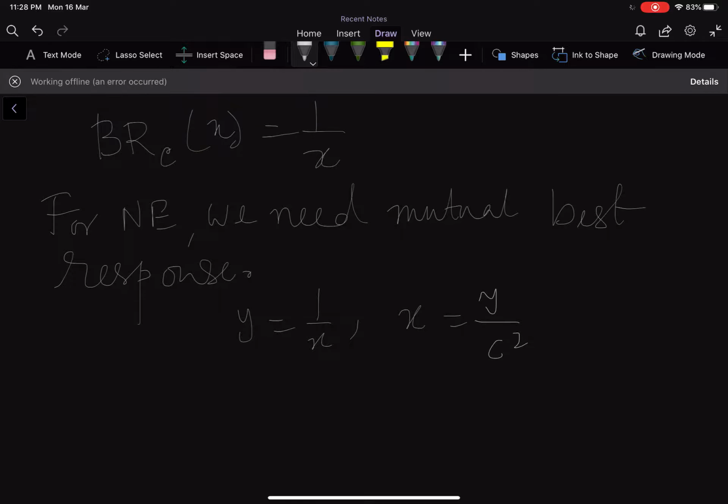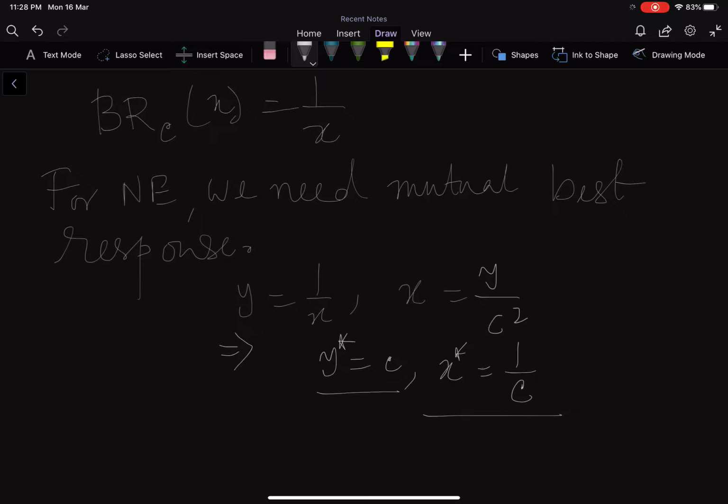From this we get that y equals c, and hence x equals 1 by c. So this is the amount of crime and law enforcement that will happen in equilibrium.